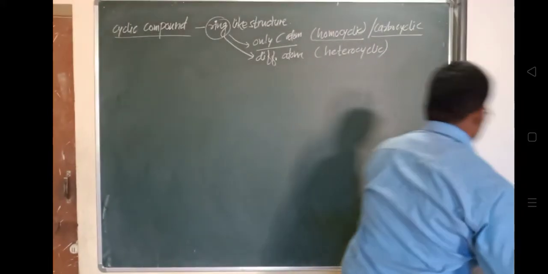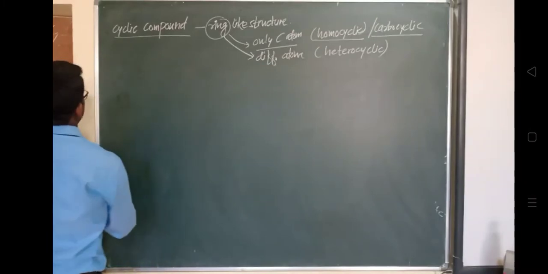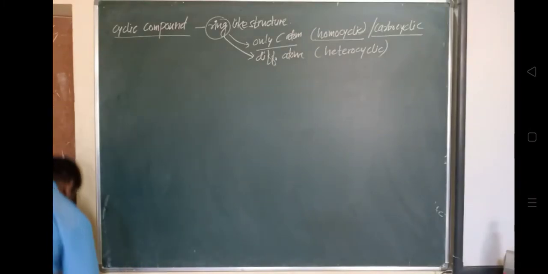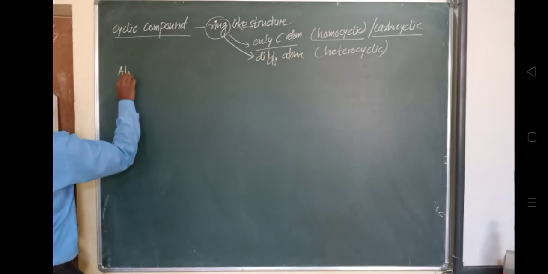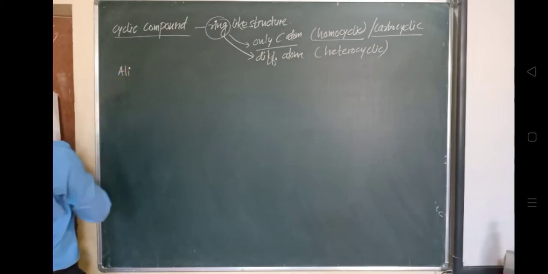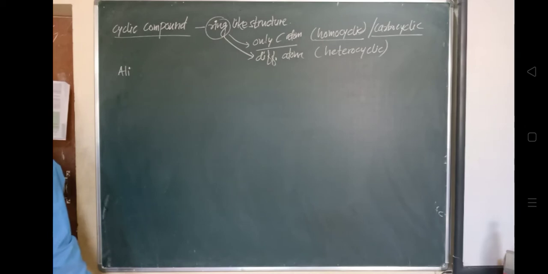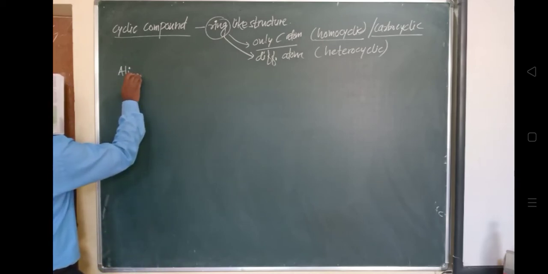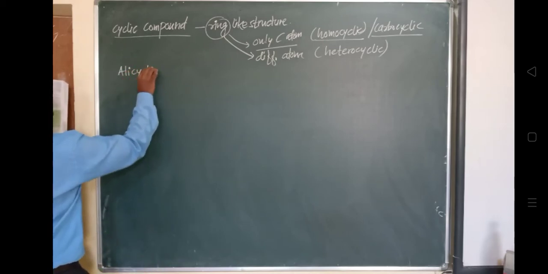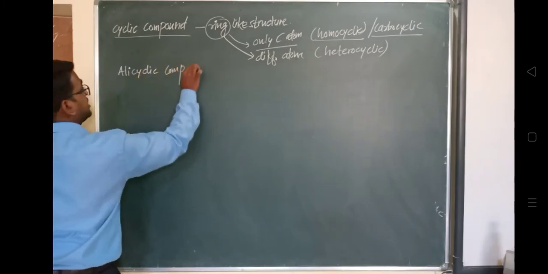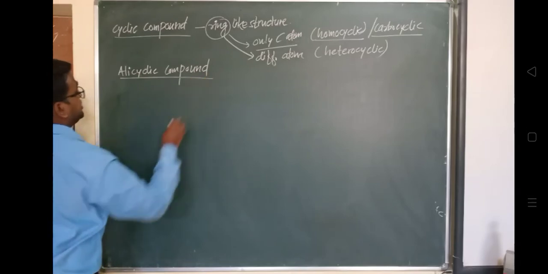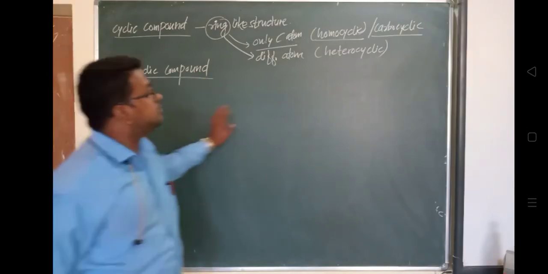Now alicyclic. Alicyclic means the same as aliphatic, it is similar to aliphatic. So I will write first, alicyclic compounds, which is a classification of homocyclic.